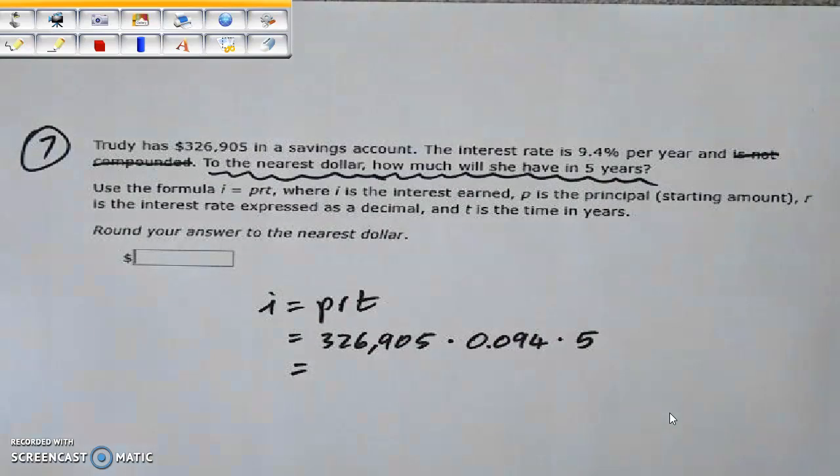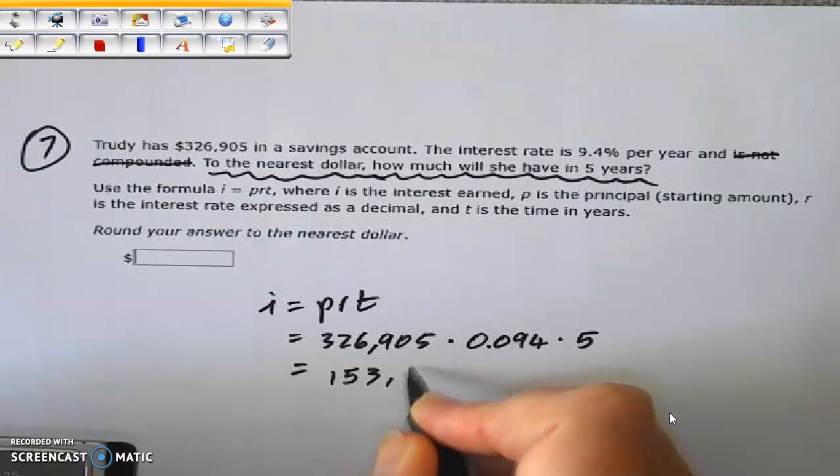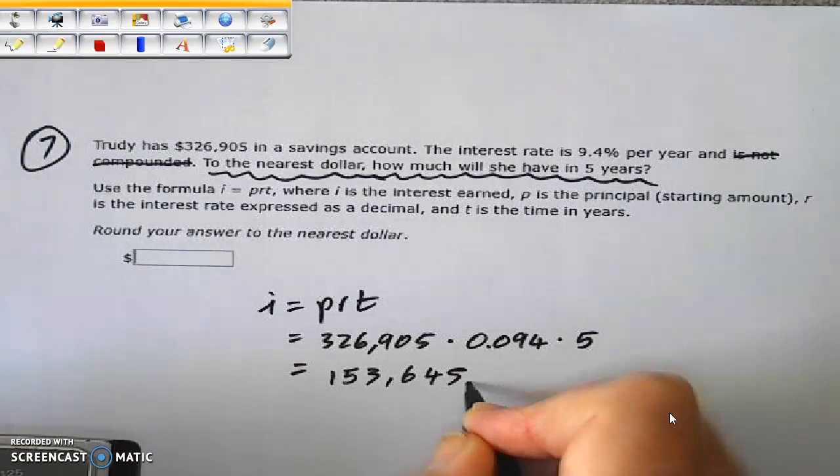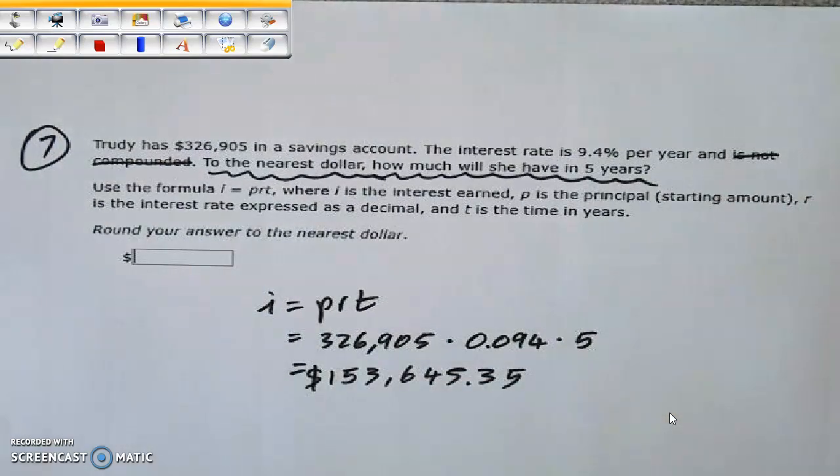I'm going to do that here right now. 326,905 times 0.094 times 5. And I get 153,645 and 35 cents.